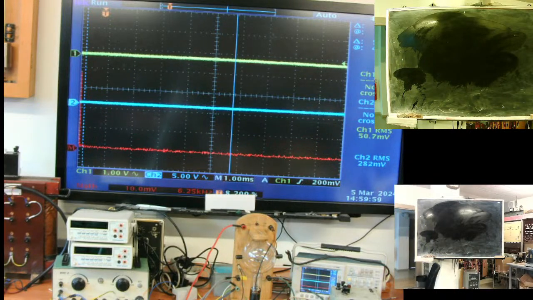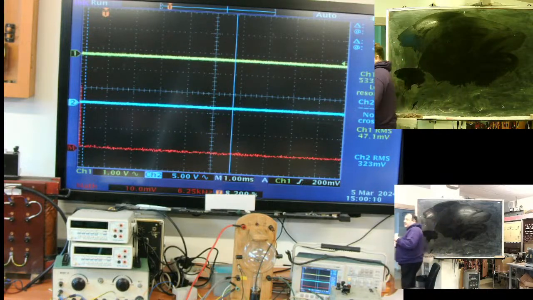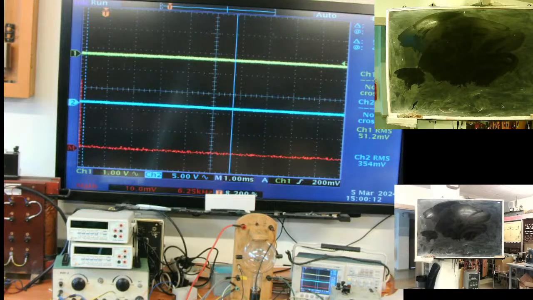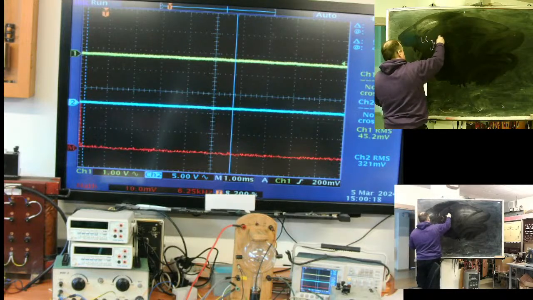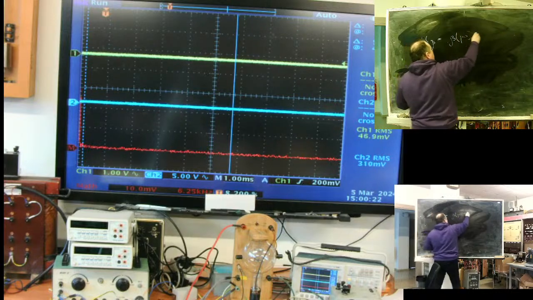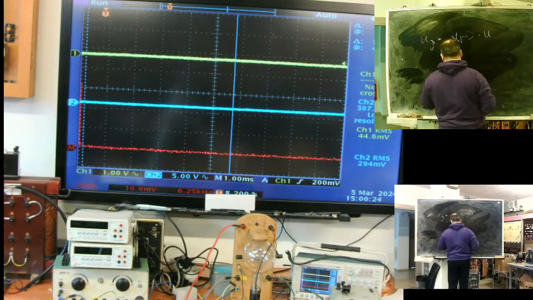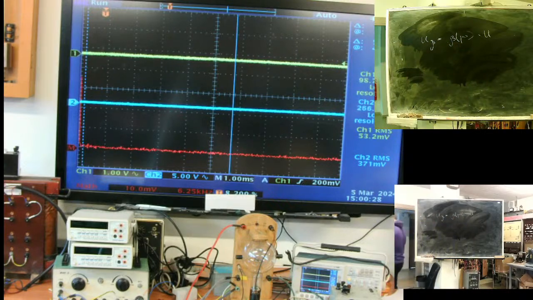So I have, let's say, the direct pass and the return pass. Output from the return is beta, the transfer function, multiplied by the voltage at the end of the system.